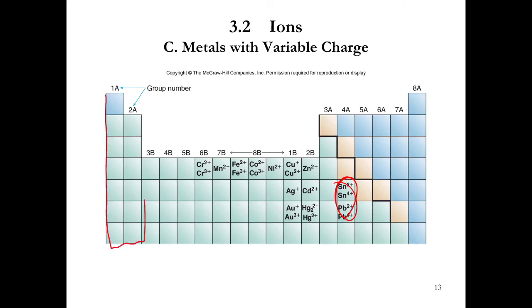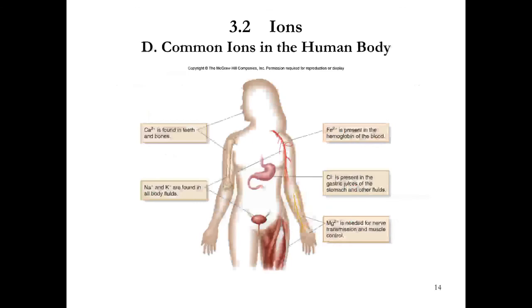So just to let you know, even though we know for the main group elements in group 1 and 2 and 3, most of those main group metals, their charges are the same as their group number. But for the transition metals and for even some of the really heavy main group metals, that's not always true. Some metals can have more than one possible charge. So we're going to have to take that into account when we go to name them.